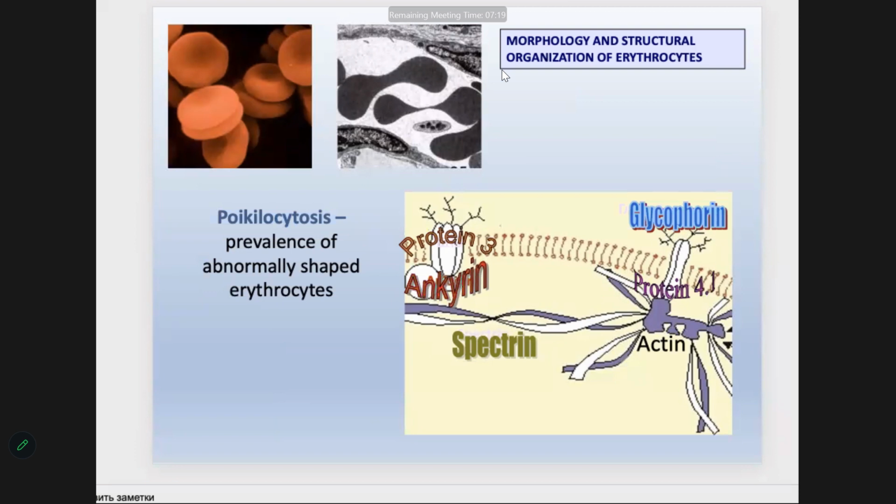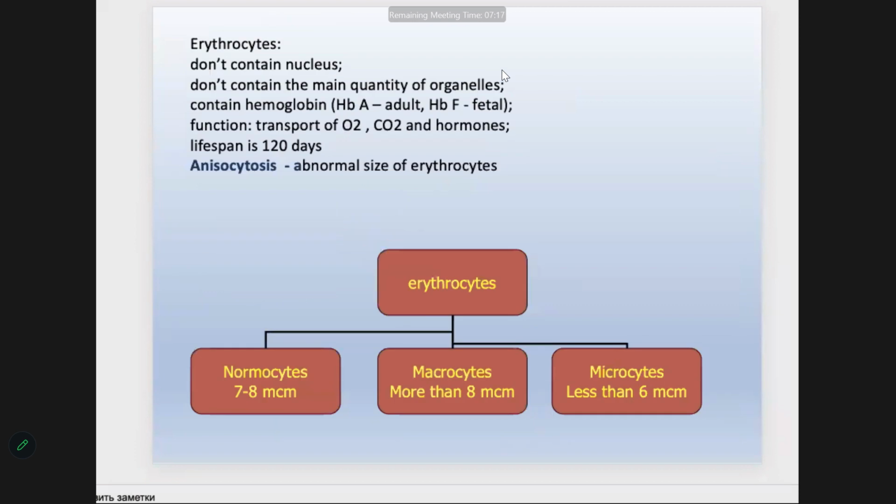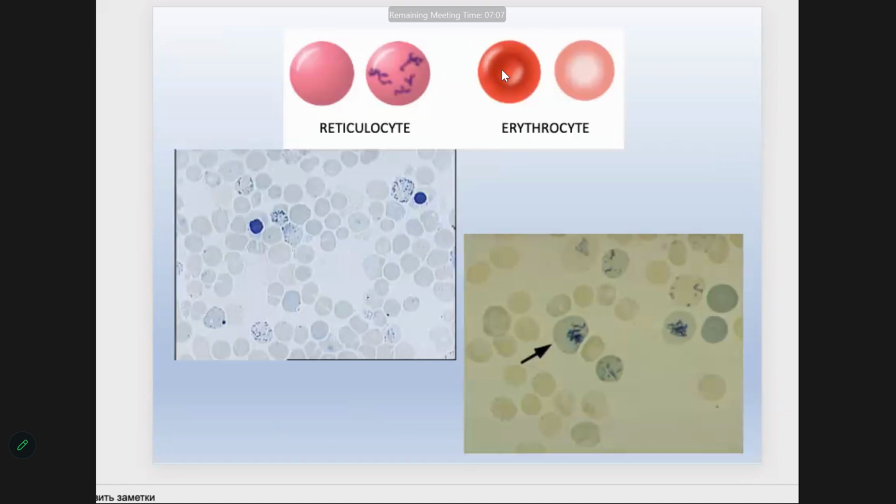So we are speaking about the structure of the erythrocyte. The lifespan of an erythrocyte is 120 days, and the precursors of erythrocytes are named reticulocytes.